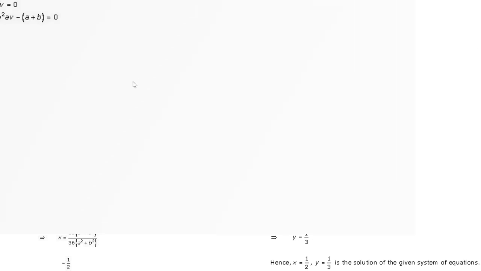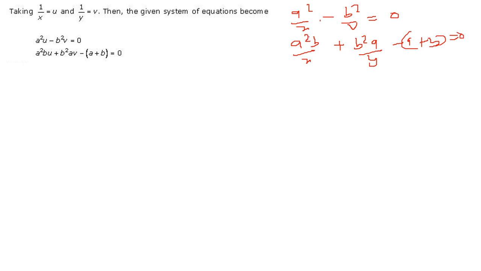Then there is one question like this: a square by x minus b square by y equal to 0, and a square b by x plus b square a by y equals a plus b. So we have taken 1 by x as u and 1 by y as v. So the equation has become like this.